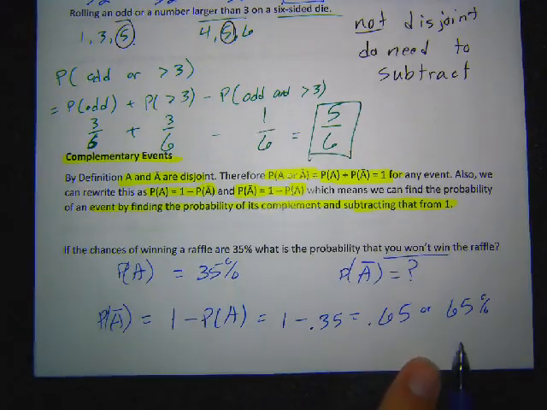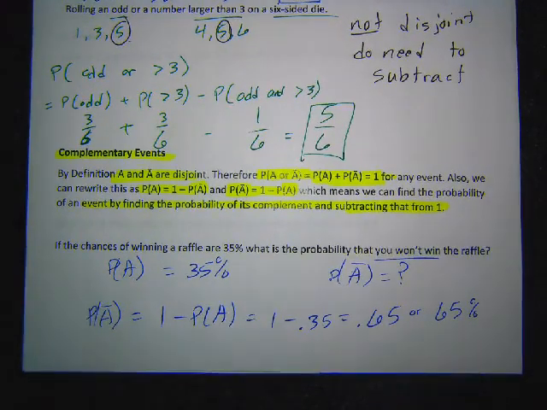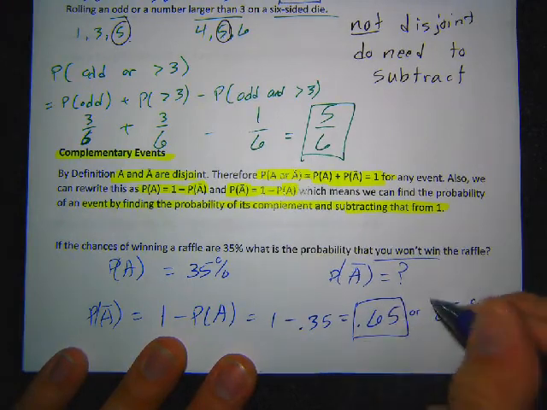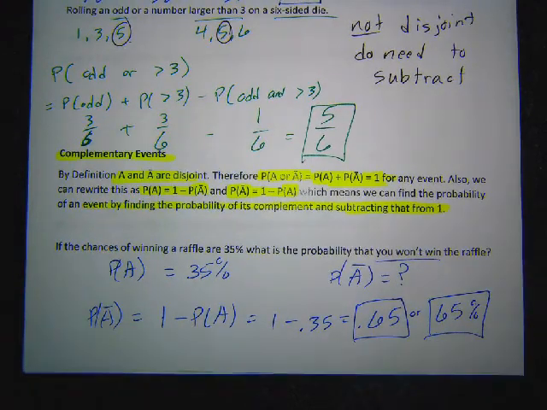But when I tell you that you have a 65% chance that you're going to lose, it sounds a lot worse: more than half the time I'm going to lose. No, I probably shouldn't play this. But that's one of the tricks they do. If you look up the chances of winning the Powerball or the lottery, they never publish the chances of losing because they don't want you to think about that. They want you to think about the chances of winning because that makes it look so much better.